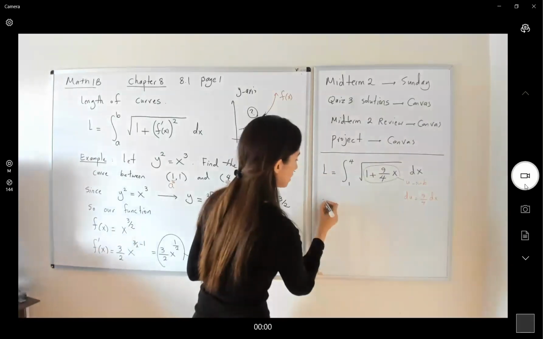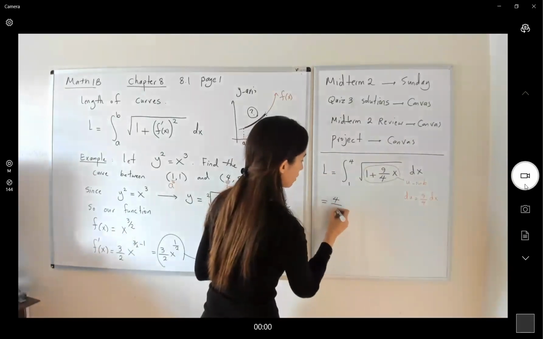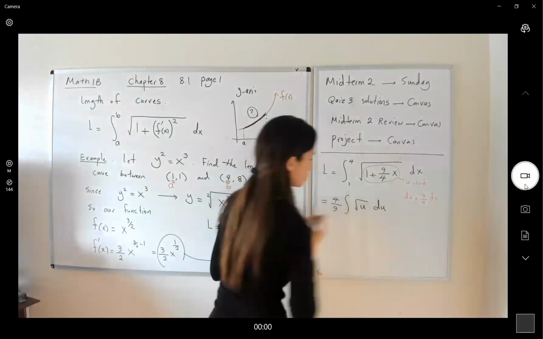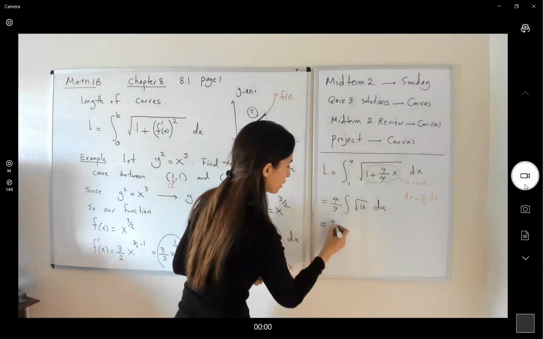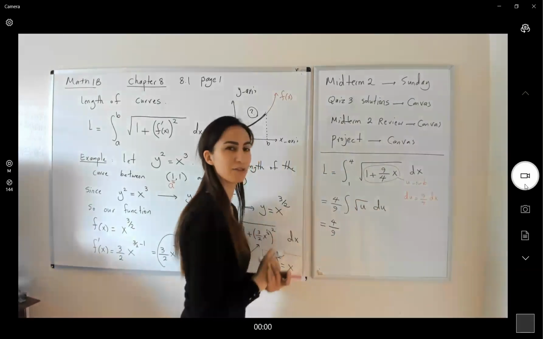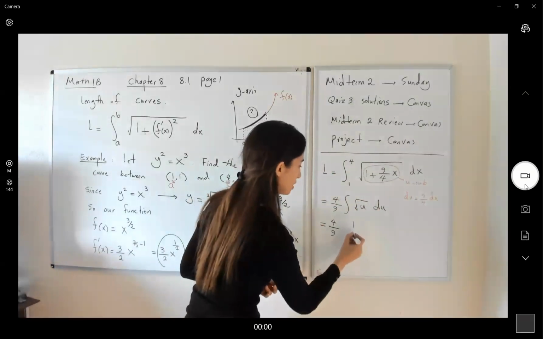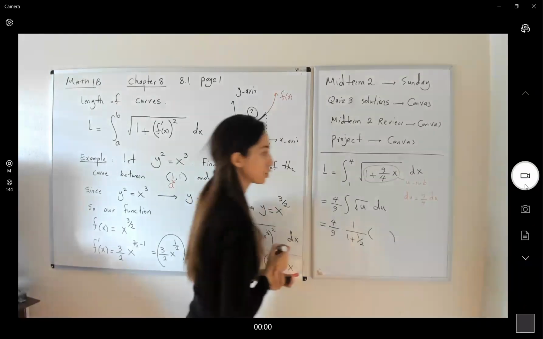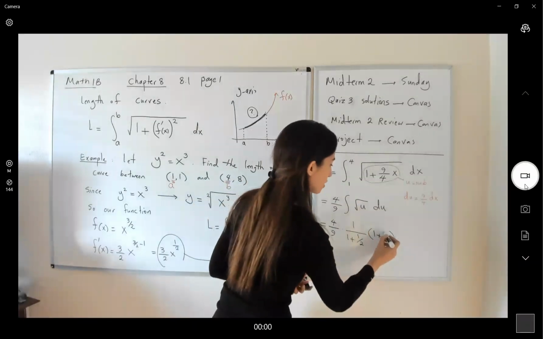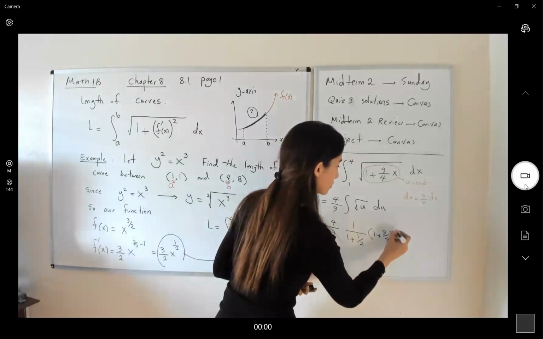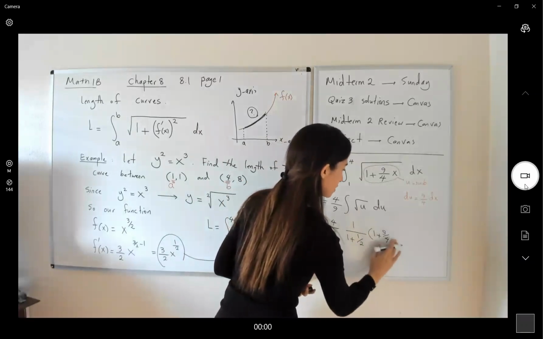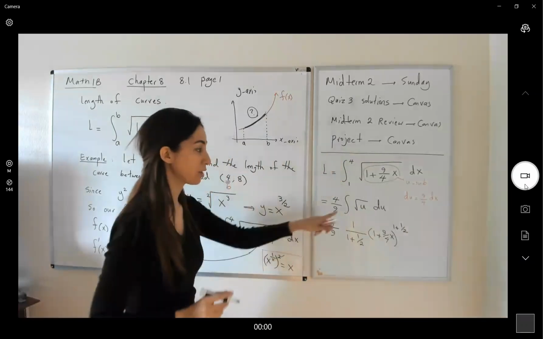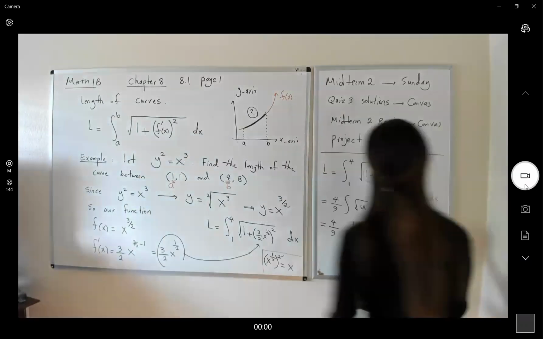So the length is equal to 4 over 9 times the integral of square root of u du, which is 4 over 9. Now you have u raised to a half, so you get 1 divided by 1 plus 1 over 2. What was your u? u was 1 plus 9 over 4 times x, raised to 1 plus a half, and your x ranges between 1 to 4.